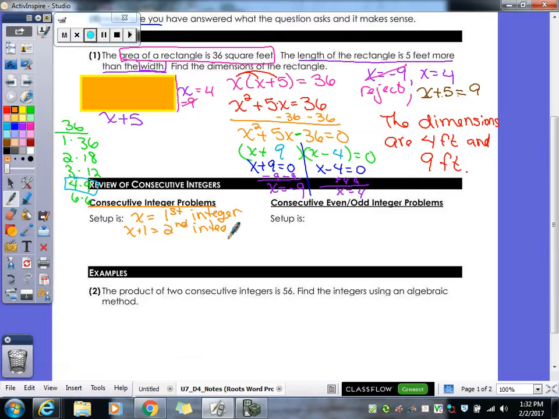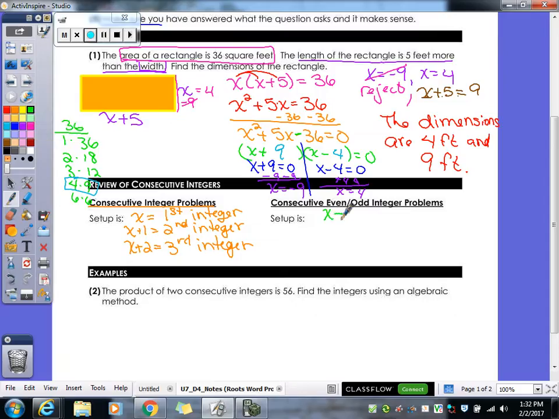What would our third integer be? X plus 2. And that would be x plus 3, and then x plus 4. Our consecutive integers just keep going up by ones. However, with our evens and our odds, what do those go up by? 2.